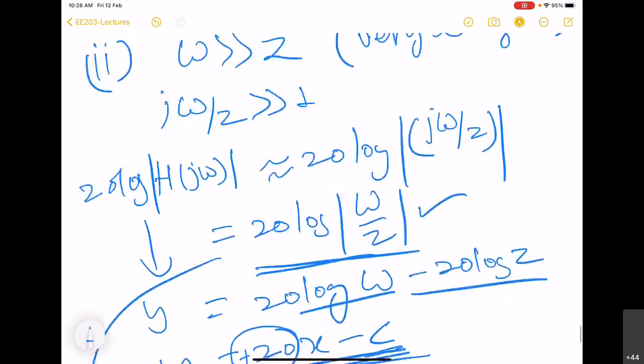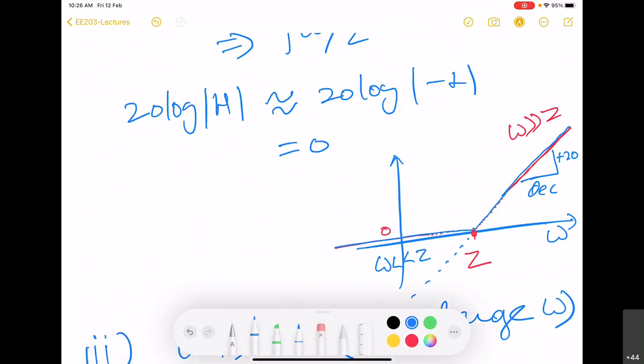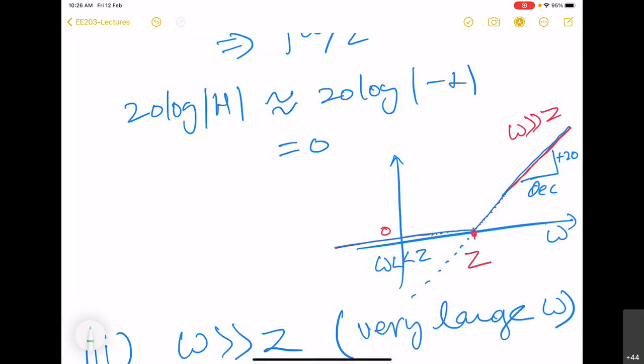So this will be plus 20 dB per decade. So it will rise by 20 dB for a 10-fold increment in the frequency. Now, if someone plots the actual curve for this case, then the actual plot is going to be something like this here.